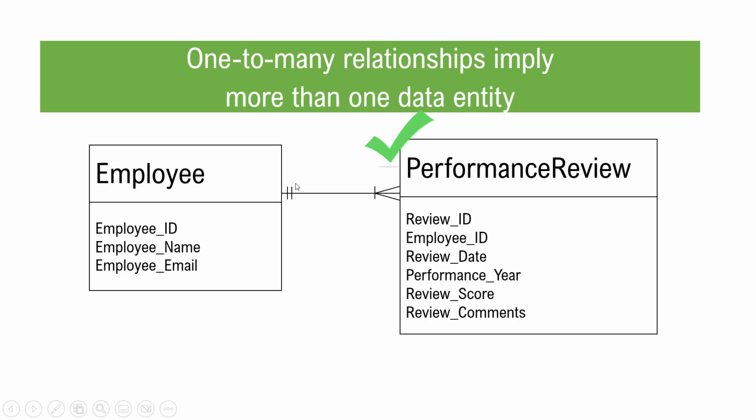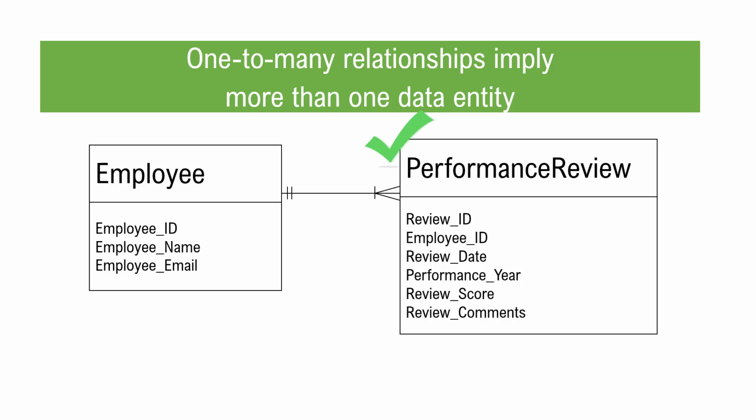So very similarly to the previous example with customer and order, this would be a parent entity and a child entity, and a performance review will have an indicator or attribute indicating which employee this review is for, and then possibly some other attributes such as date, because remember, this is an event.